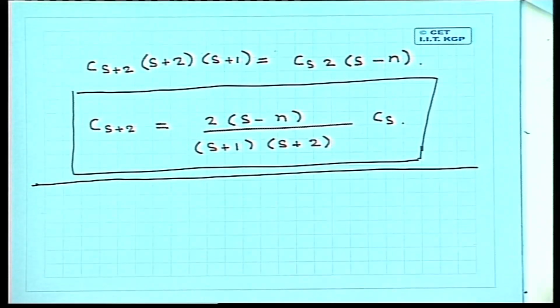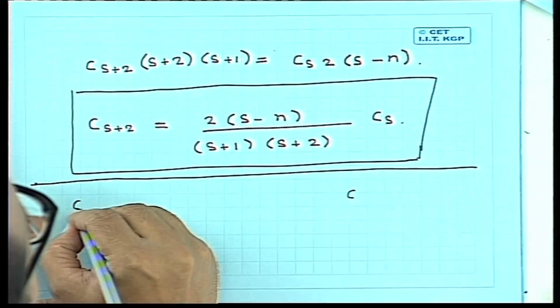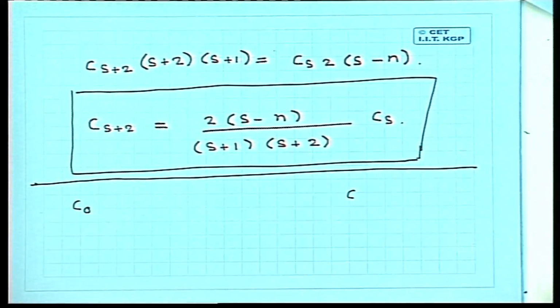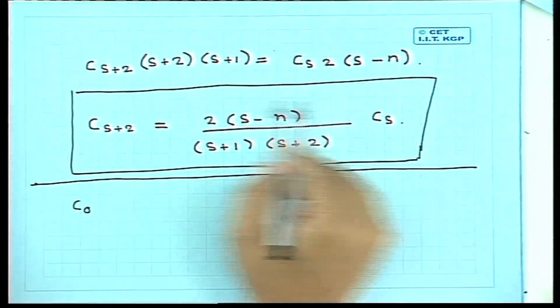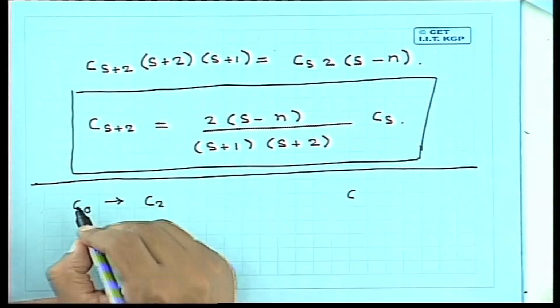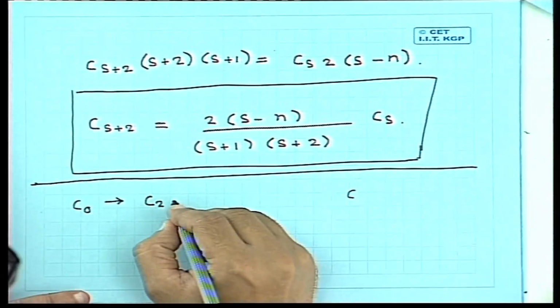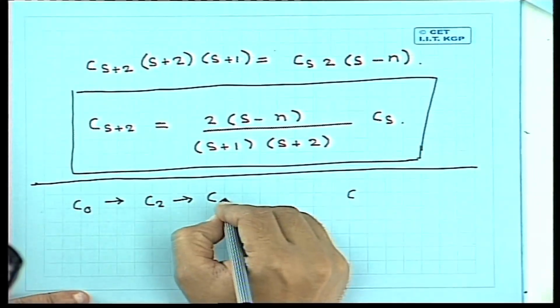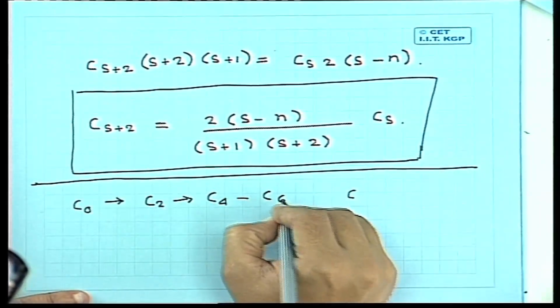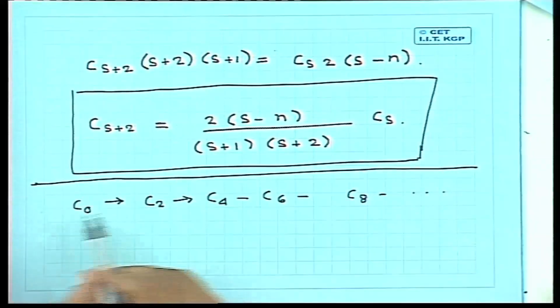The first feature I want you to note is that suppose I start with C0. Once I fix C0, the value of C2 is determined by this, and then the value of C4, and the value of C6, and the value of C8, etc. So we will have the coefficients of all the even powers of xi.